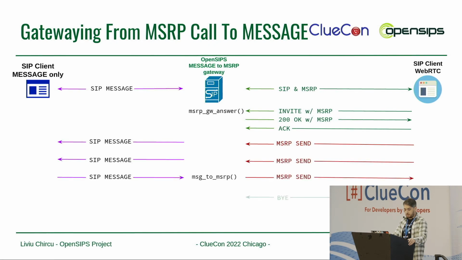And towards the end, now that we are coming from the MSRP client, it can send a BYE, right? It can manage the session and close the chat. And this one is a graceful termination. It's on demand. So that is on the MSRP work and instant messaging.